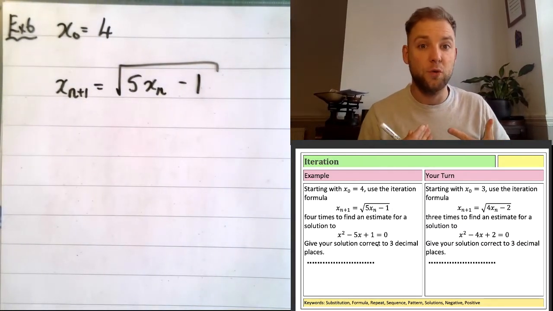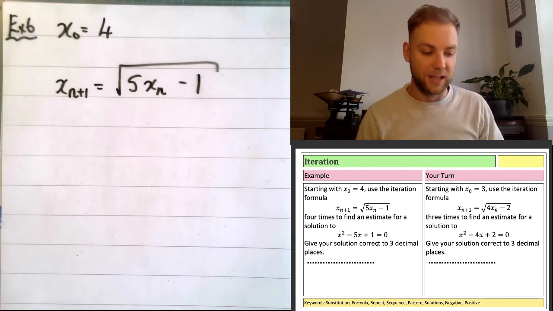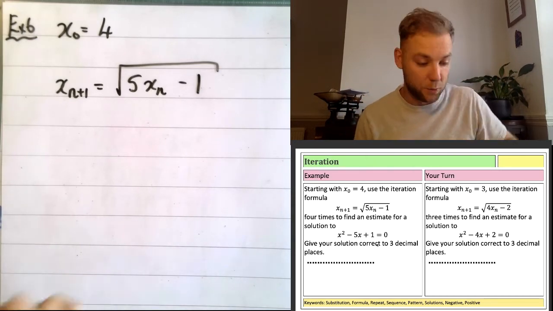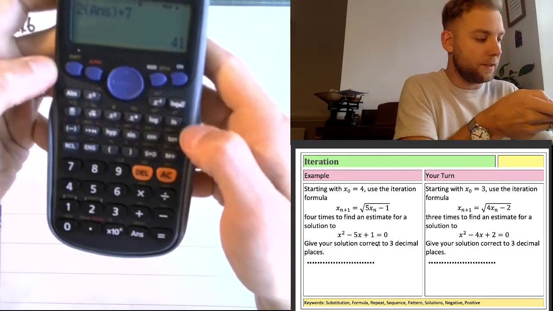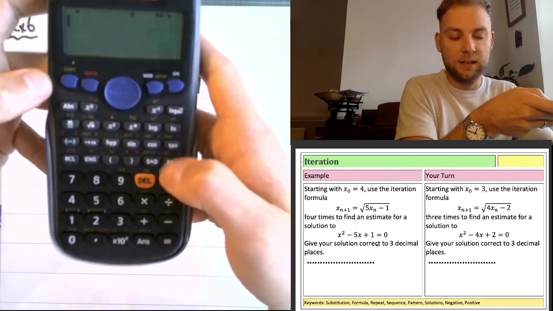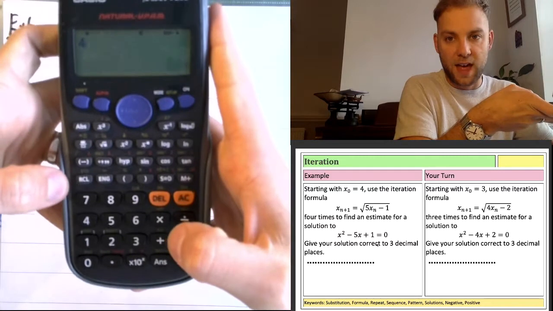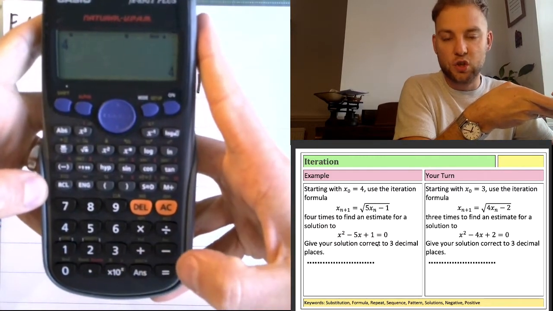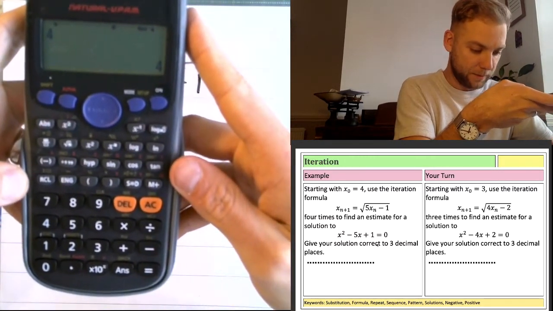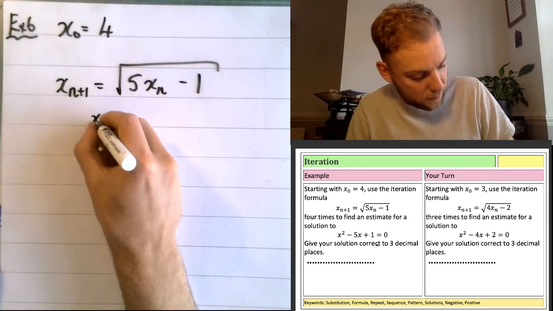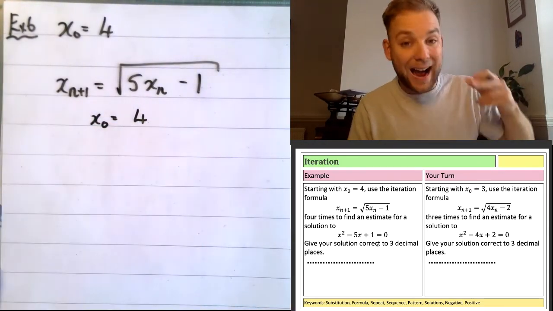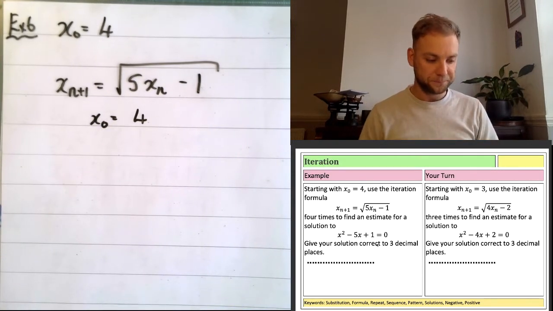Now I'm going to do this, the new method, by using the answer button. So the first thing I'm going to do is store 4 in my calculator. I do that, in this case, by pressing AC, and let's press 4 there, and press equals. That's going to store it in my calculator. So I know that x0 is equal to 4, and it's stored in my calculator.